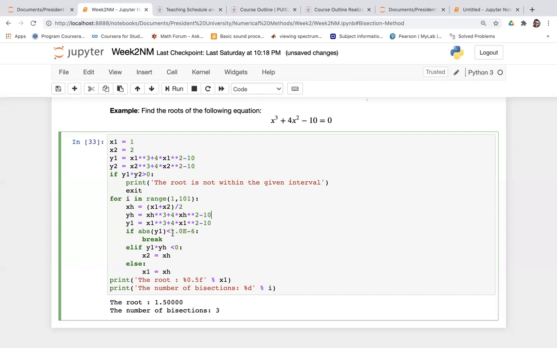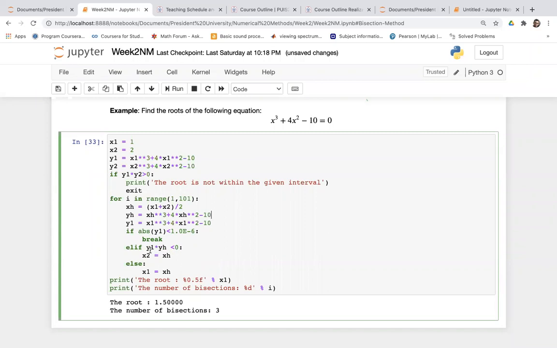It depends on how much accuracy you want. So I will give this as 0.000001, which is power minus 6. It's really, really accurate. If this condition is satisfied, break and stop. If this condition is not satisfied, we can continue with the following.